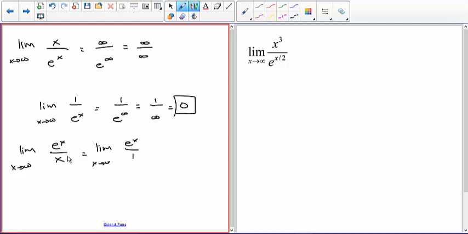The derivative of e to the x is e to the x, and the derivative of x is 1. So there you get e to the infinity over 1, which is infinity, which really means the limit does not exist. Okay. So that's acceptable. We don't accept indeterminate.